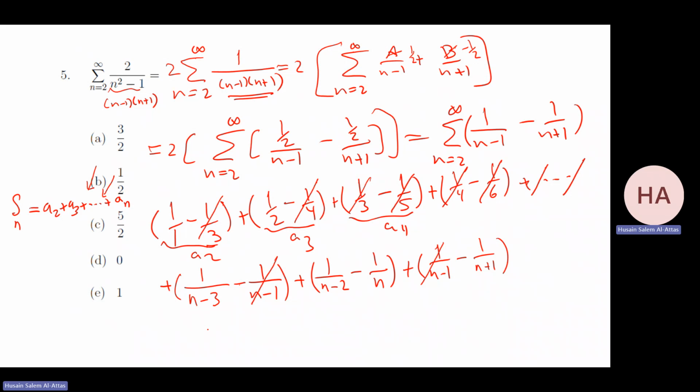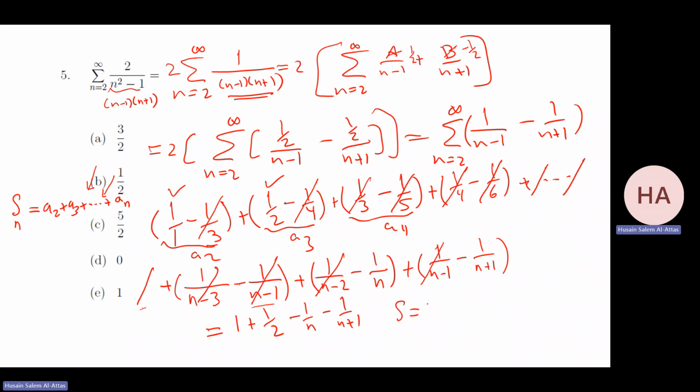So the remaining will be what? 1 plus half. This will remain, this will remain. And also in that one, this for sure will be cancelled somewhere, and this one also cancelled somewhere. Before this, I have n minus 2 somewhere here. So this is cancelled. Minus 1 over n minus 1 over n plus 1.